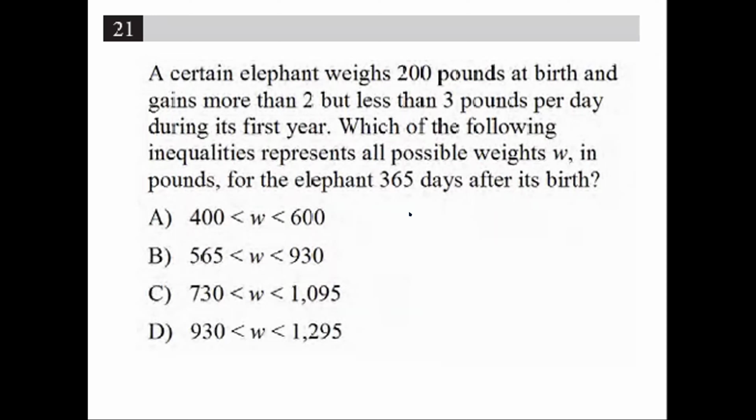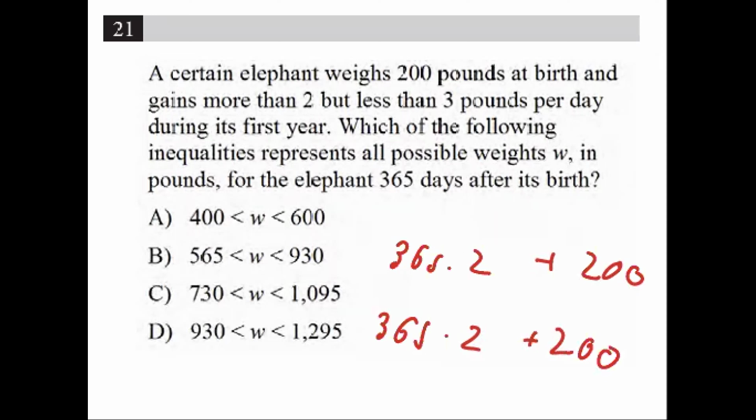What is the weight after 365 days? Well, in this case, we just take 365 multiplied by 2 and 365 multiplied by 3, and add it to the initial, so plus 200. The second one should be a 3.